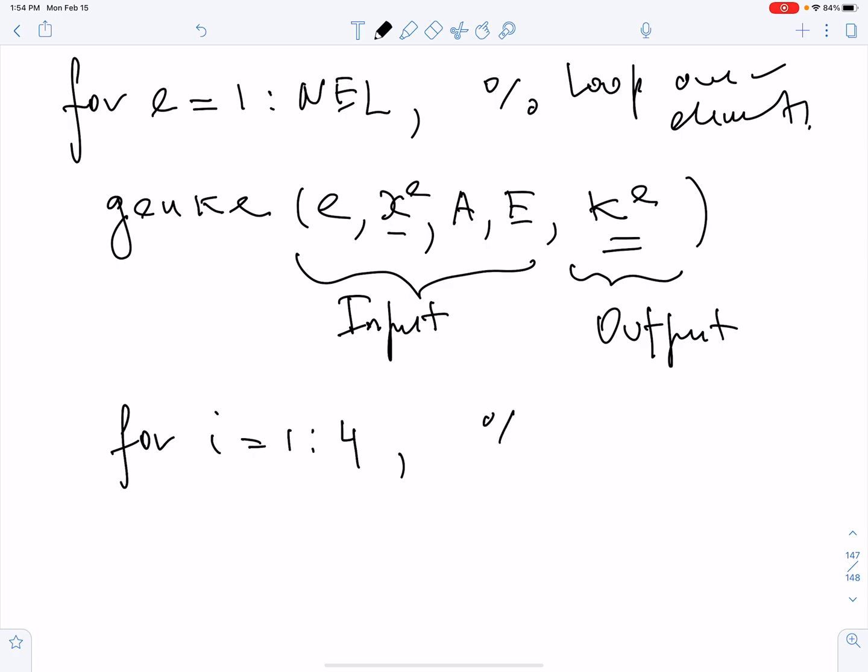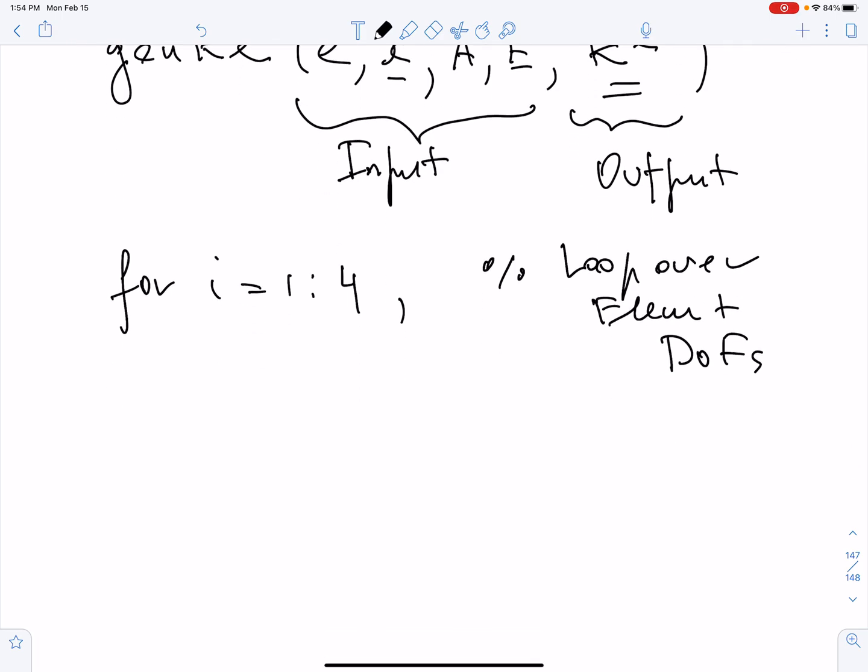And this is a loop over element DOFs. And then you have another index J equals 1 to 4, and also loop over element DOFs.